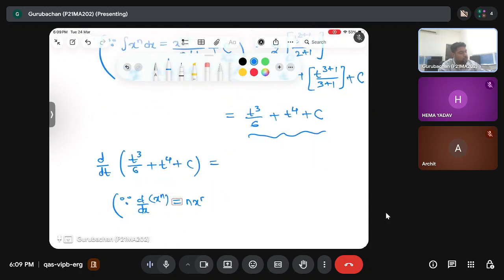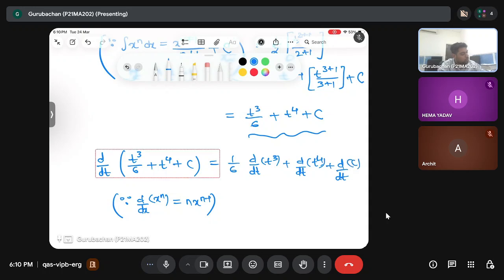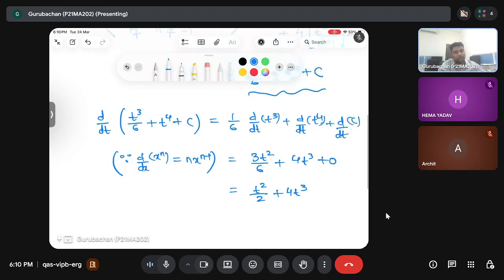It is n x to the power n minus 1, and differentiation can be distributed separately: d over dt of t cube by 6, plus d over dt of t to the power 4, plus d over dt of some constant. This will give you 3t square divided by 6, plus 4t cube, plus 0, which is t square divided by 2 plus 4t cube. Is this the same integrand?